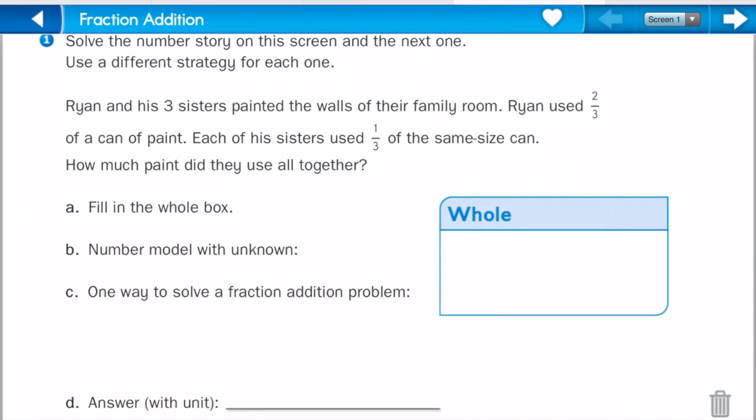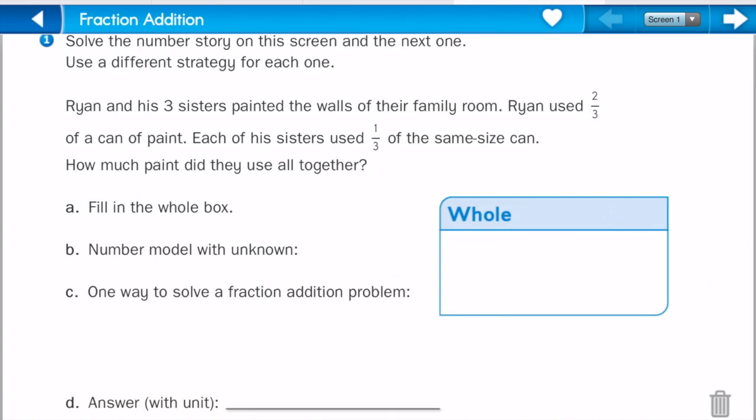Ryan and his three sisters painted the walls of their family room. Ryan used 2/3 of a can of paint. Each of his sisters used 1/3 of the same can. How much paint did they use all together? So we're going to think about what would be the whole in this story. Before we were using fraction pieces, but today we're looking for something from our story that is our whole.